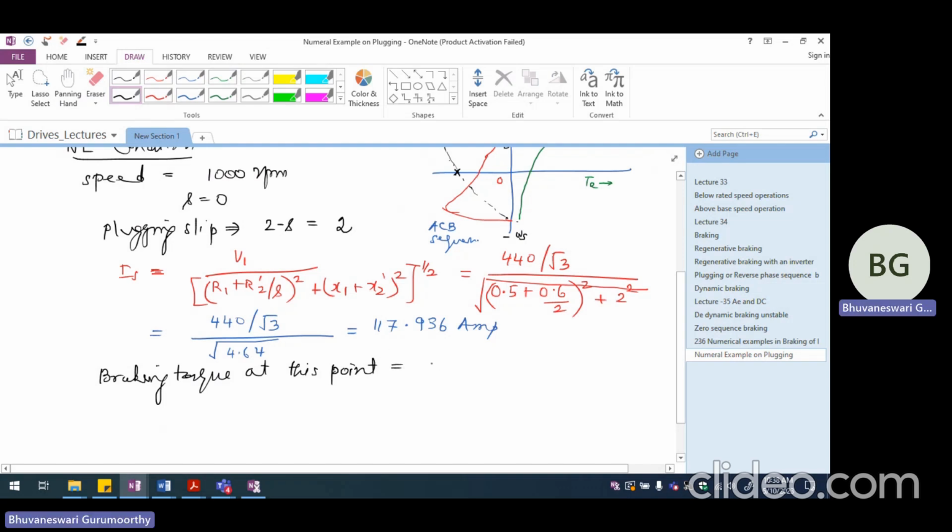the current is already given. So I have to just write 3 I2 dash square R2 dash divided by S omega S. So 3 I2 dash square is 117.936 square multiplied by R2 dash, which is 0.6, divided by slip, which is 2, and omega S. Please remember, this is in the reverse direction because it is ACB phase sequence.